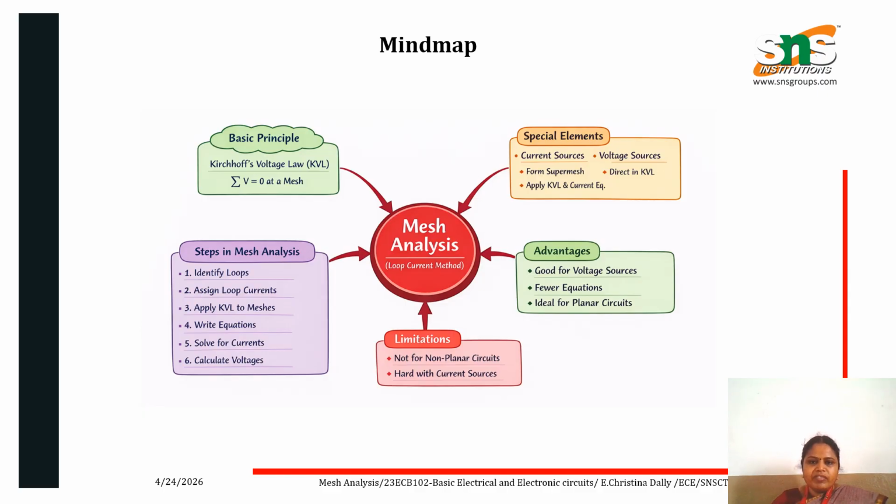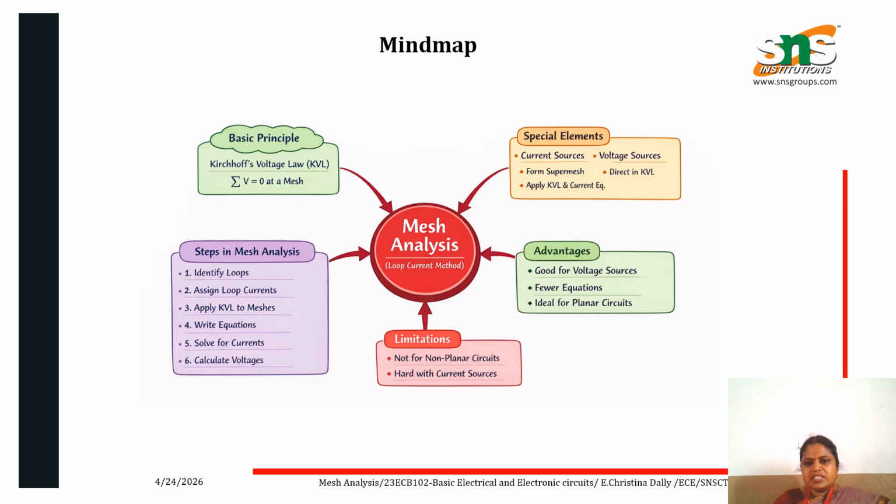While coming to the mind map, the first one is the basic principle. In the basic principle, the law applied is Kirchhoff's voltage law. For the steps, we have to identify the loops, assign the loop currents, apply KVL, write the equations, solve the currents, and finally calculate the voltages.